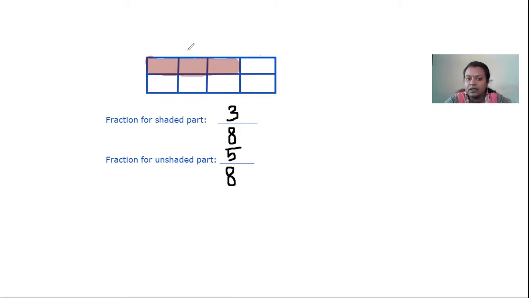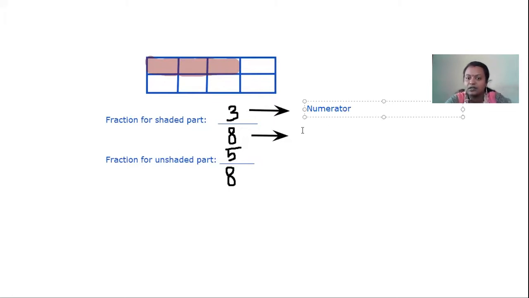When we learn about these things, we know that when a fraction is made, it is made up of equal parts. There are some terminologies. The above part is called the numerator. That is the number of parts, which may be shaded or unshaded.